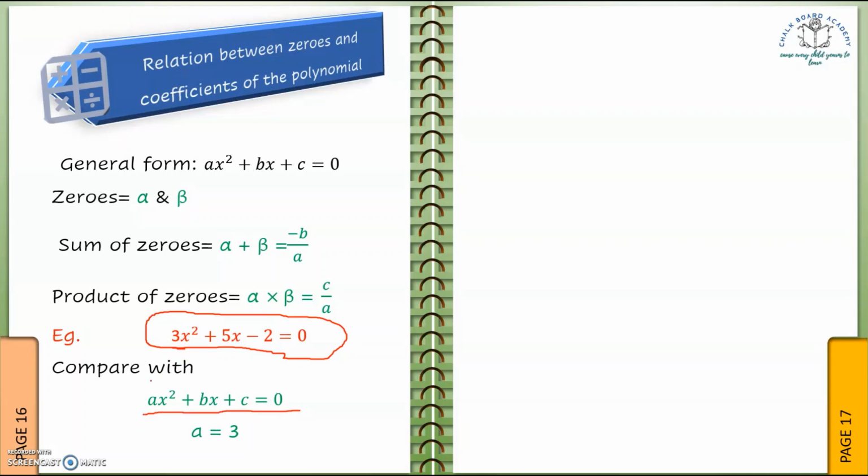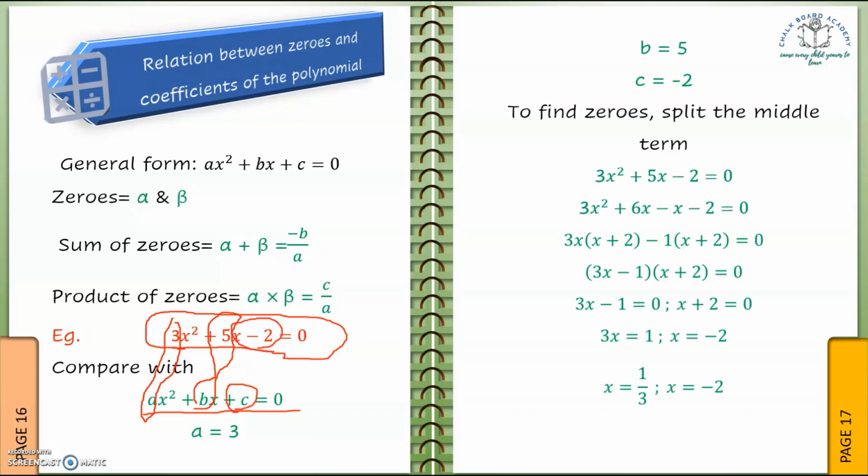By comparing, we can say that a is 3, comparing bx with 5x we get b is equal to 5, and c is equal to -2. So a is 3, b is 5, and c is -2.